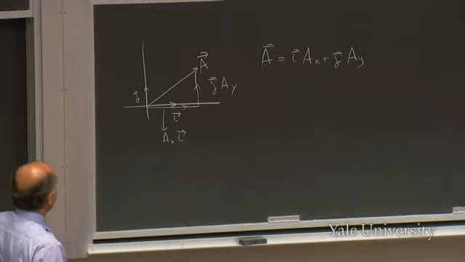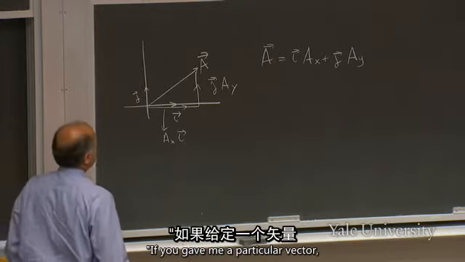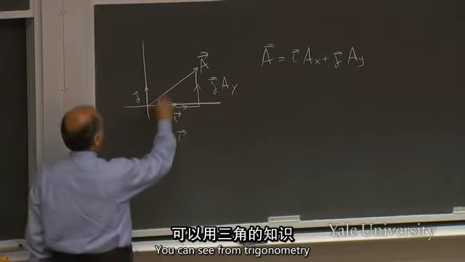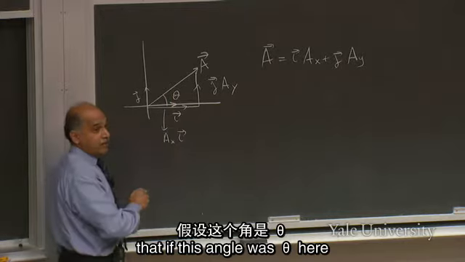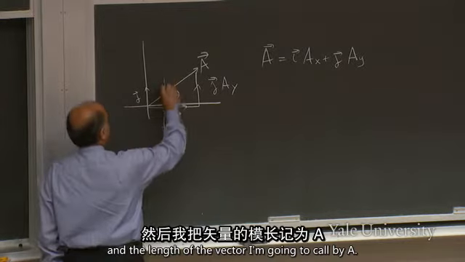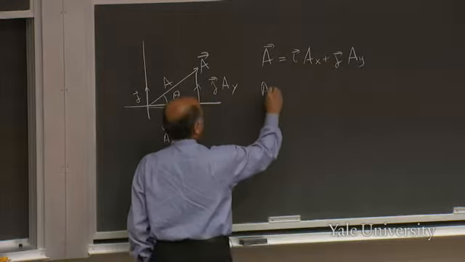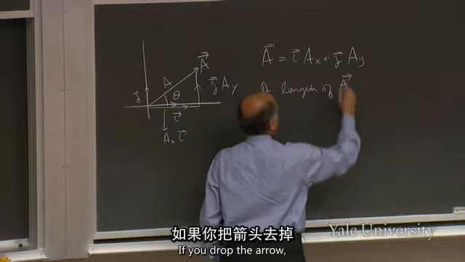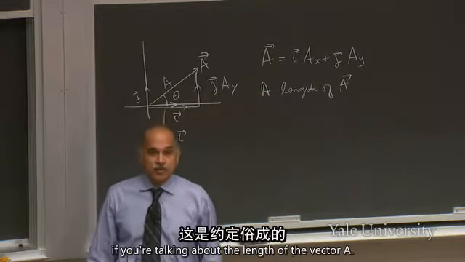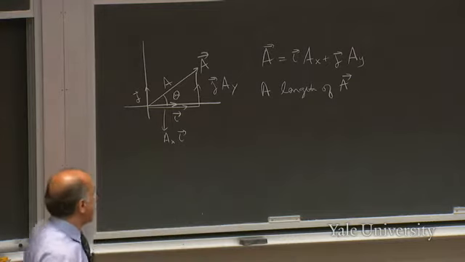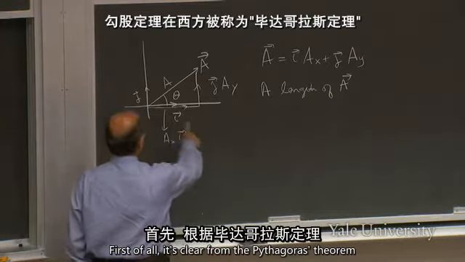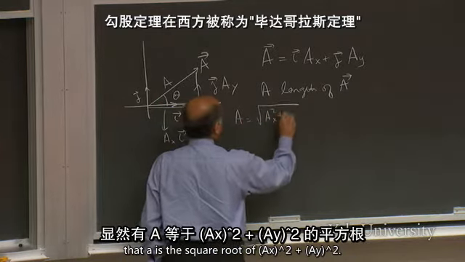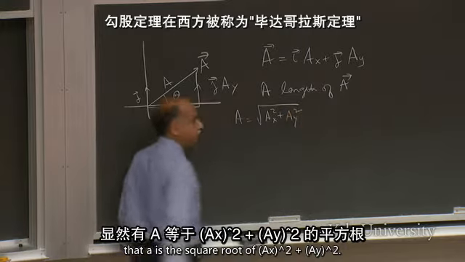So you can ask yourself, if you gave me a particular vector, what do I use for AX and AY? Well, you can see from trigonometry that if this angle was theta here, and the length of the vector I'm going to call A. A is the length of A. If you drop the arrow, the usual convention is you're talking about the length of the vector A. First of all, it's clear from the Pythagoras theorem that A is the square root of AX squared plus AY squared.